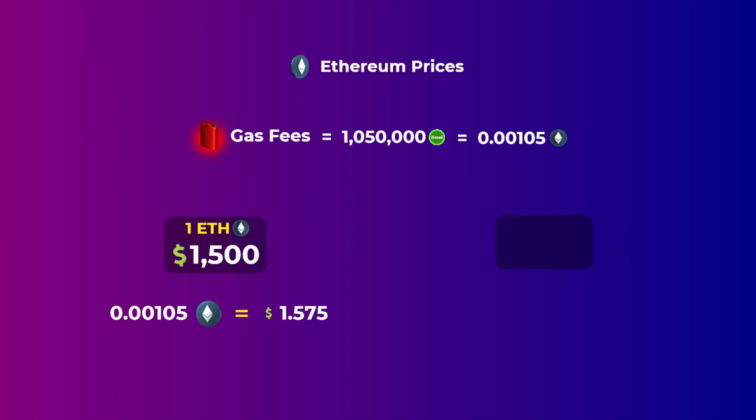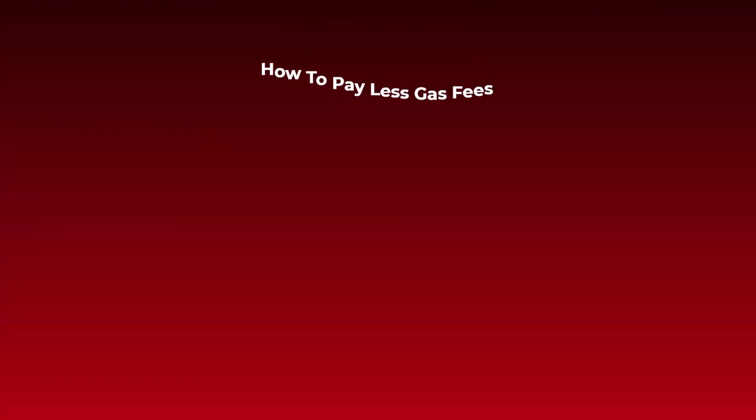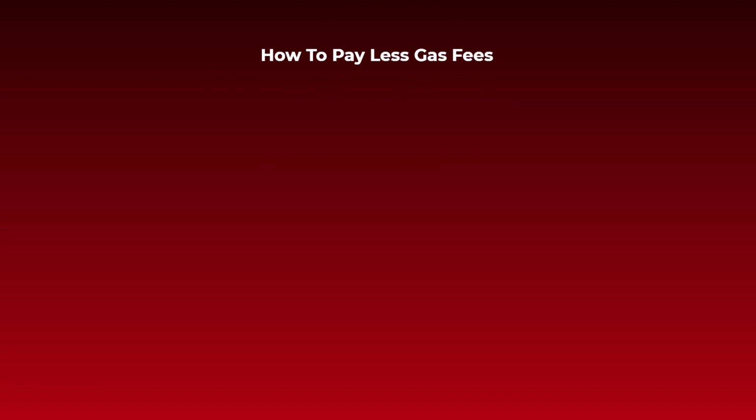But what will happen if the price of Ethereum returned to $4,000? Well, this 0.00105 Ethereum will be now worth $4.2. So what you pay in Ethereum doesn't change, but the worth of the Ethereum you pay in dollars changes with the price. Before we end the video, let's see how you can pay less gas fees.